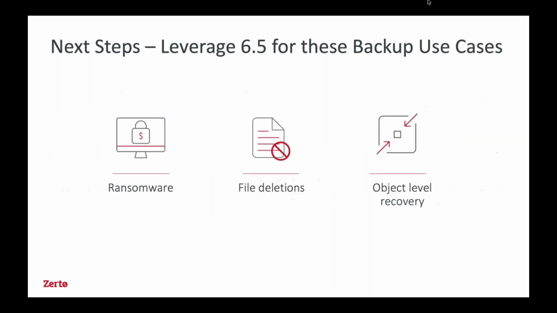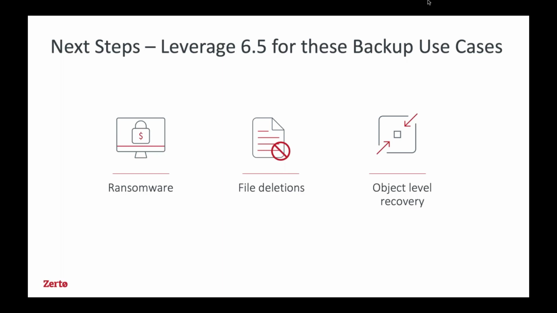So next steps for you is really to leverage 6.5 for your backup use cases. You can start to use that. We have made some significant enhancements as you go from 6.5 to 7.0 that you'll see. But what you have there today is you can start to look at the incrementals that we have there. The file deletions, you can go and solve for that, or the ransomware use cases, by using the journal file level recovery.